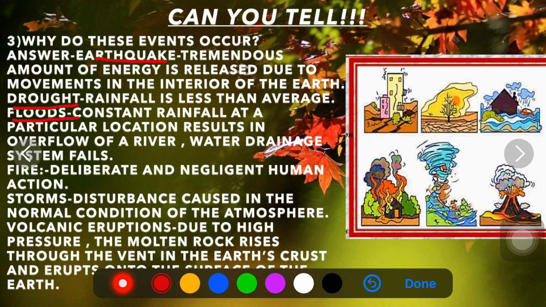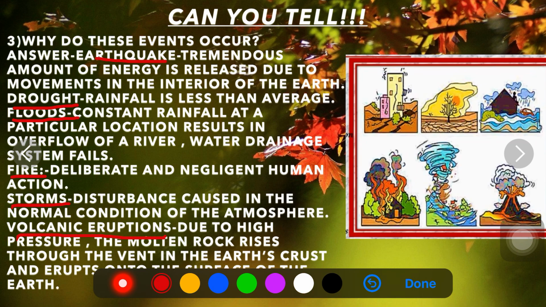Floods are due to constant rainfall at a particular location, resulting in overflow of a river, or the water drainage system fails. Fire is due to deliberate and negligent human action. Storm is due to disturbance caused in the normal condition of the atmosphere. It may be man-made or natural.